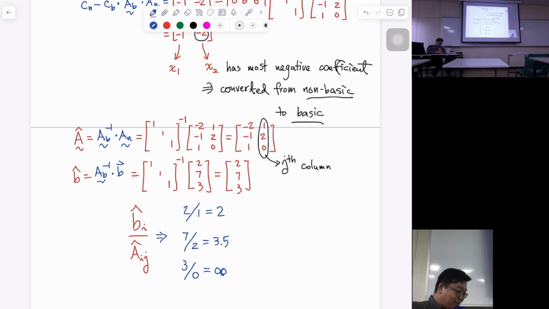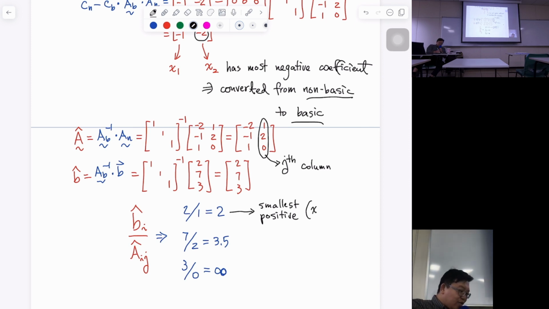Even if it is infinity, it's fine. And what do we do? We choose the smallest positive one. This is the smallest positive one. If we do that, we need to know which variable this ratio test is representing.